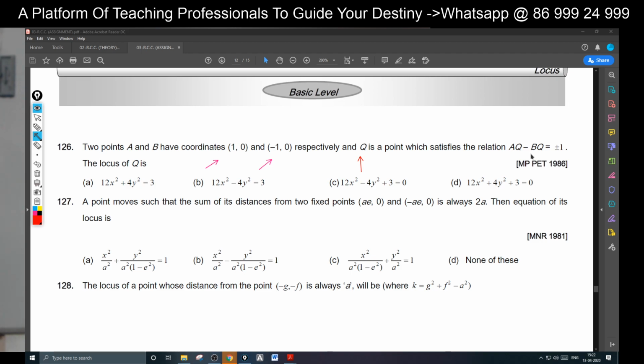So, what is the definition I gave you? The set of points. What are the set of points here? The set of points here are nothing but Q. It is a particular point given, but the set of points according to the definition is Q only.